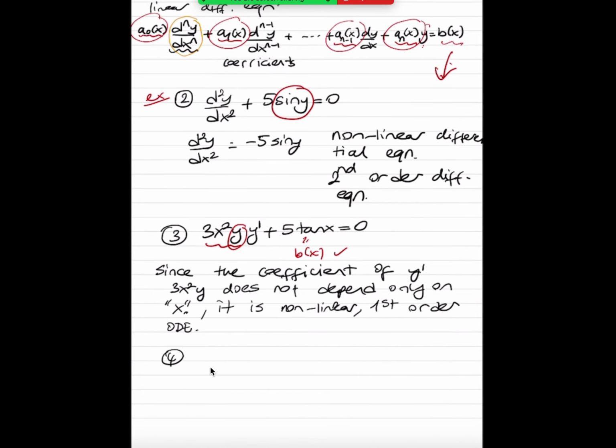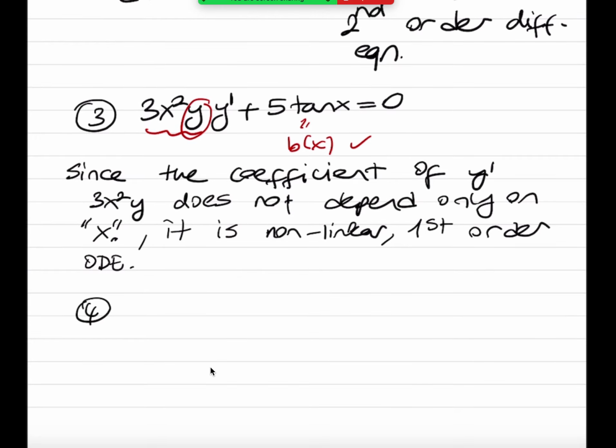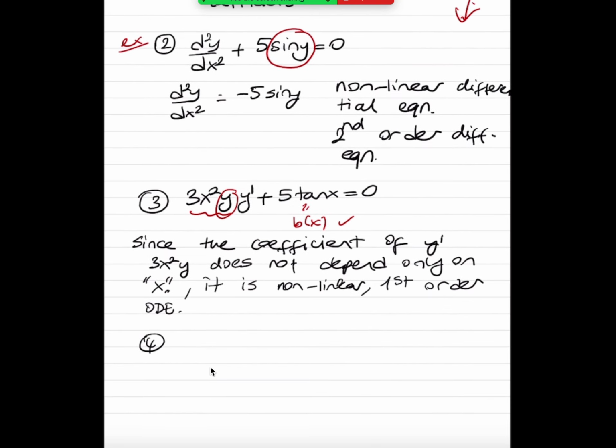I think things are getting clear, but I would like to keep giving examples. Okay, let's look at this one: 3x squared d5y over dx5 plus e to the power x dy over dx plus x ln x is equal to 0. There is no problem here, right? Let's look at the coefficients.